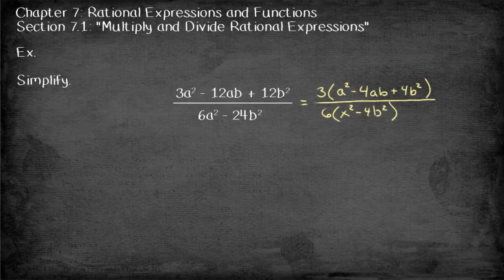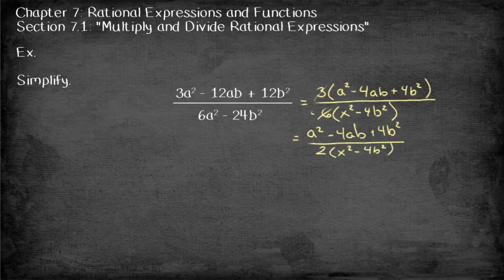Okay, as a fraction, these coefficients reduce, so I actually would have just the 3 divides out to 1. I have a squared minus 4ab plus 4b squared over 2 times x squared minus 4b squared.